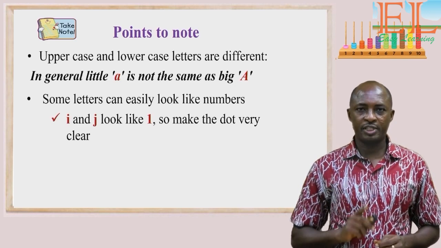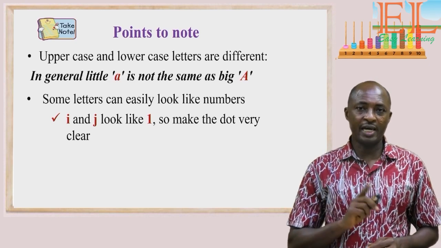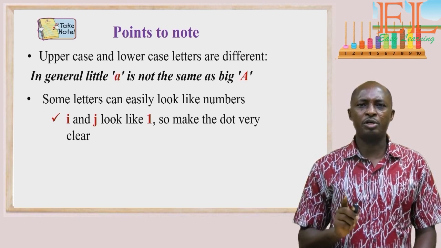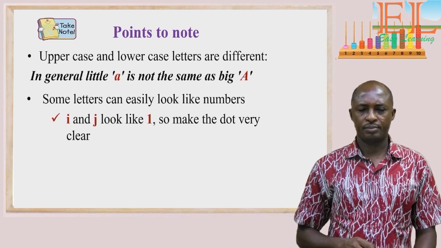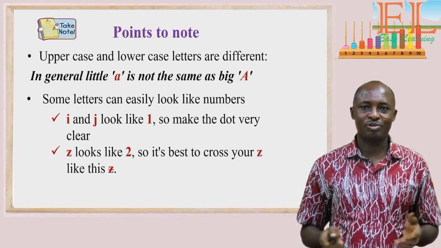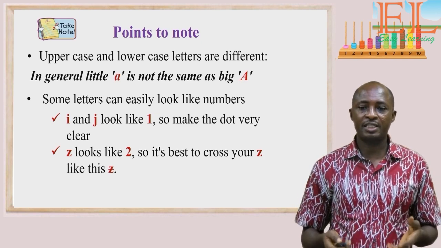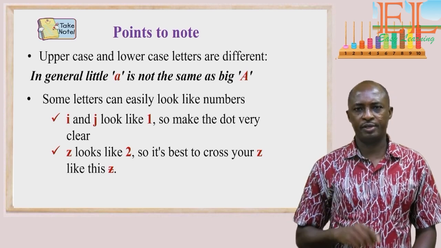I and J, for example, look like 1. So if you want to use I and J as your variables, then you must ensure you put the dot very well. Equally, Z looks like a 2. So if you want to use Z as your variable, it's advisable to cross it, or you write it very well.